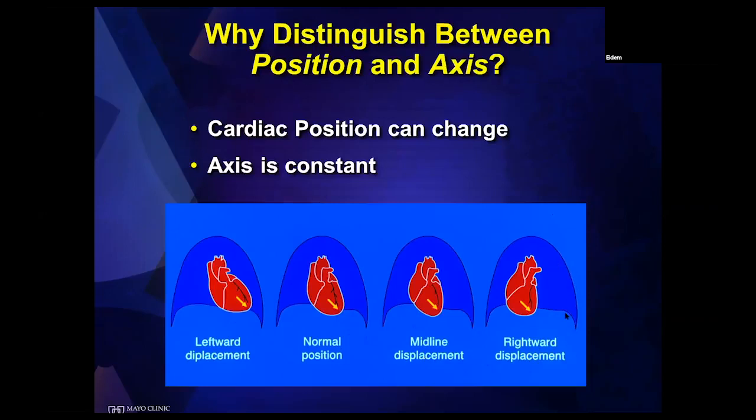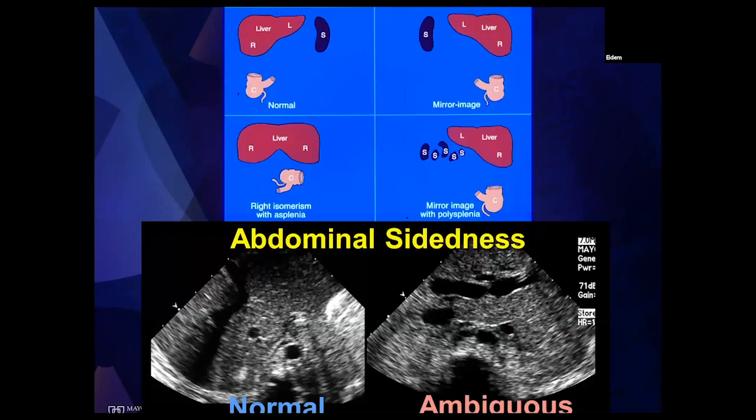Similarly, if you have a space occupying lesion or pneumothorax in the left thorax, you can push the heart over to the right chest, so you have a dextro position, but you still have levocardia. So the position of the heart can change, but the base apex orientation or axis will remain the same.